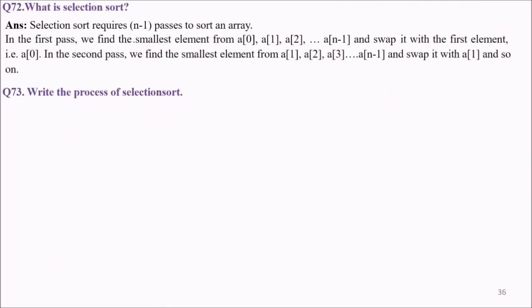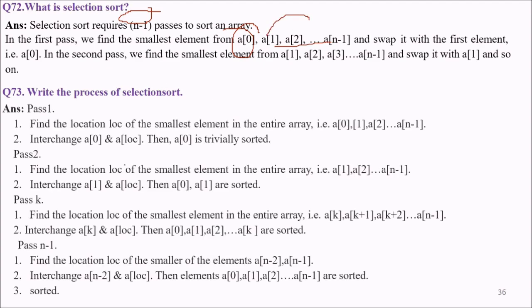What is selection sort? Selection sort requires n minus 1 passes to sort an array. In the first pass, we find the smallest element and swap it with the first element, that is A0. In the second pass, we again find the smallest element and swap it with A1, and so on. What is the process of selection sort then?